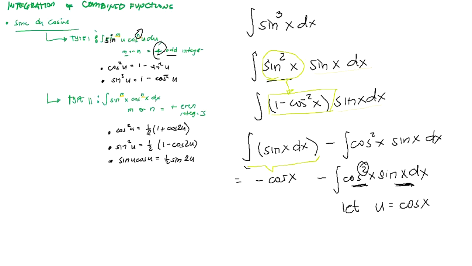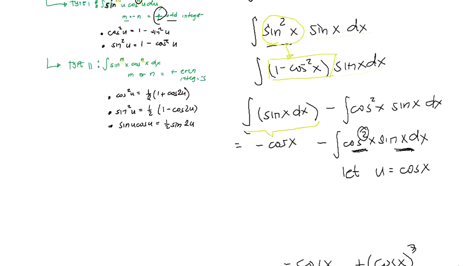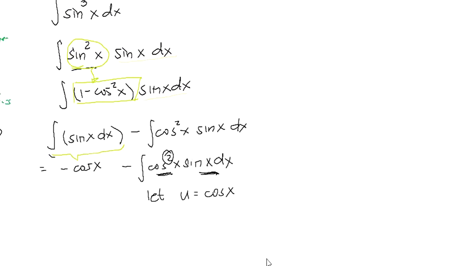cosine x. By the way, before we proceed, let us review our algebra, or I mean our trigonometry, regarding this. If we see something like this, it only means that it is equal to this form.